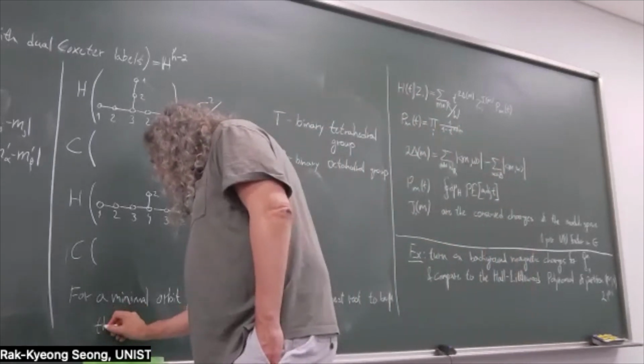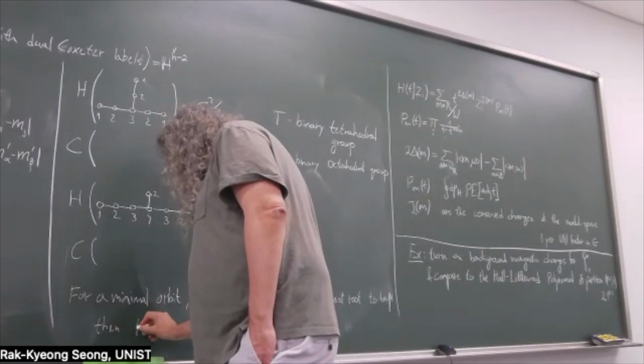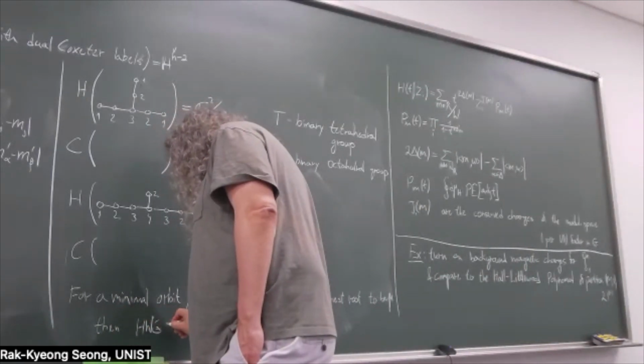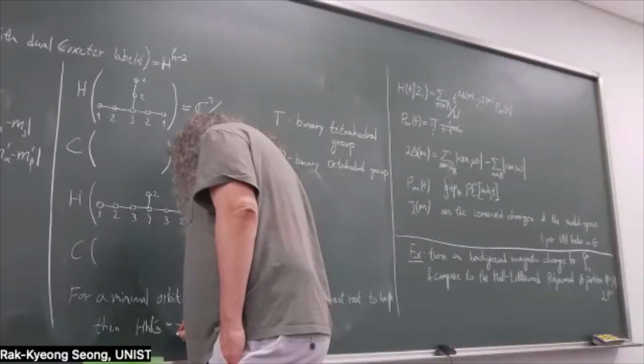Then the highest weight generating function is 1 over 1 minus mu.